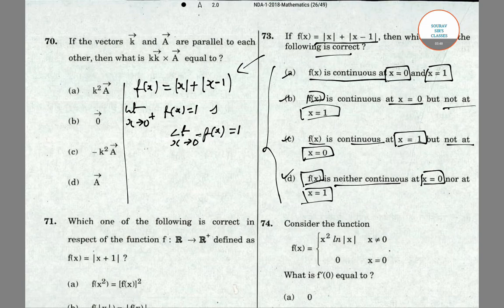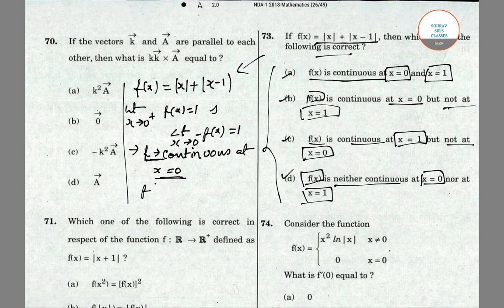So the function is continuous at x = 0. We can state from here that the function is continuous at x = 0.